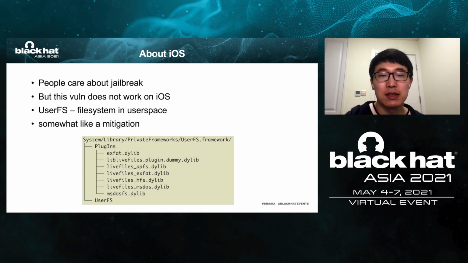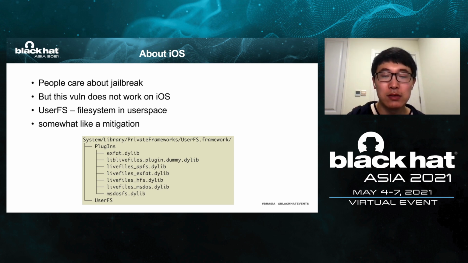UserFS implements the support of external file systems in user space. When you plug a flash drive into an iPhone, the corresponding FS plugin will be loaded, but the code of that file system has been refactored. Anyway, I can't trigger the crash of the FAT or exFAT plugin, so iOS is not affected by this issue.